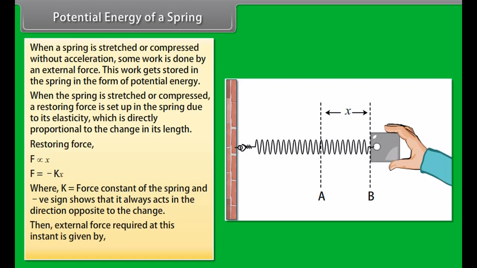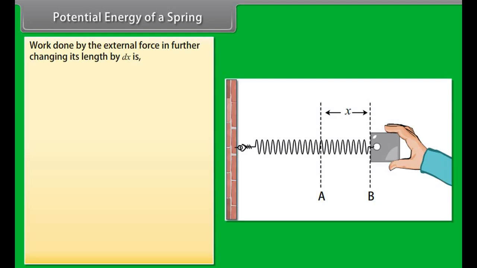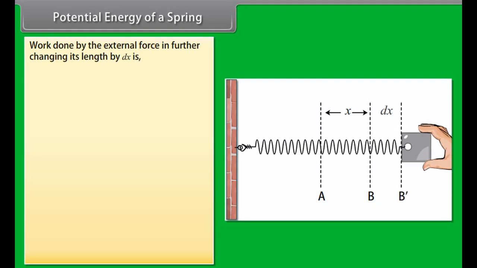Then, the external force required at this instant is given by F is equal to kx. Work done by the external force in further changing its length by dx is dW is equal to the dot product of F vector and dx vector, or dW is equal to kx dx.